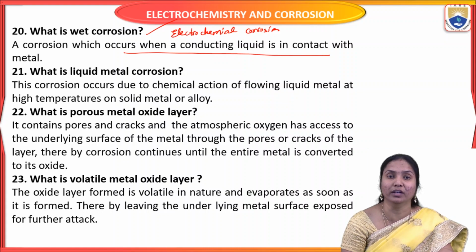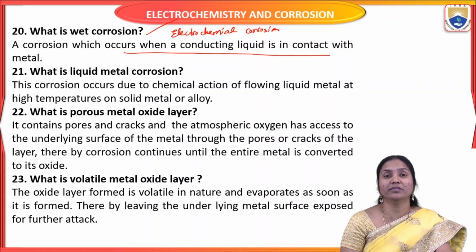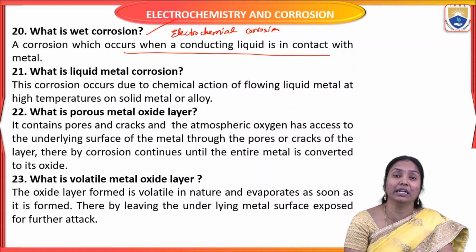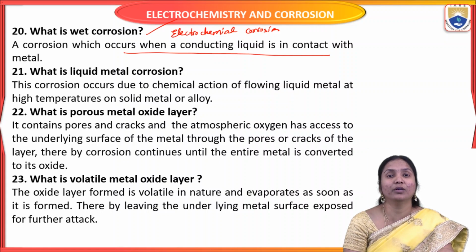Here there are separate anodic and cathodic parts, and corrosion is always concentrated at the anodic area only. So simply, wet corrosion means the metal is in contact with a conducting liquid or dipped in a conducting solution, and it is also called electrochemical corrosion.